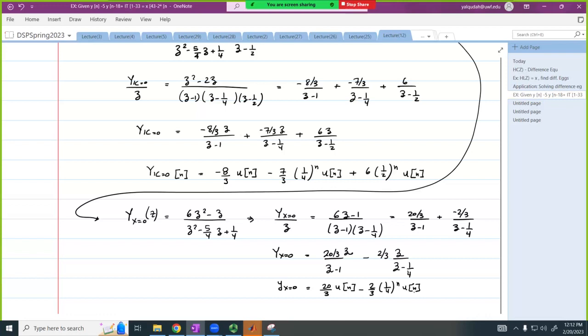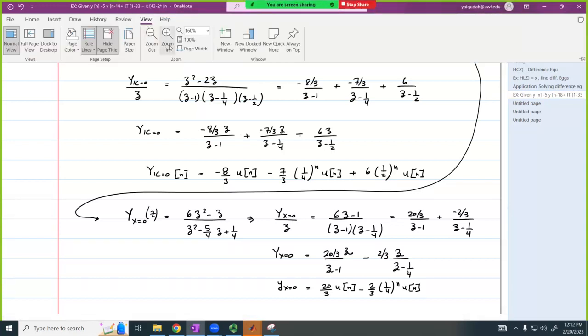So therefore, what is the overall output of the system? You add them together. We're going to add them together.